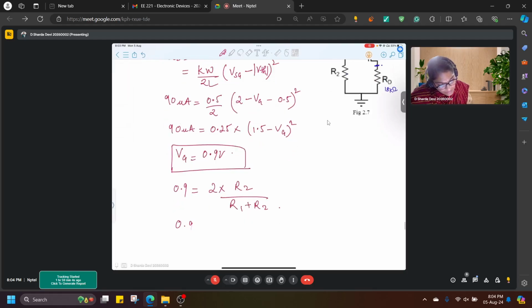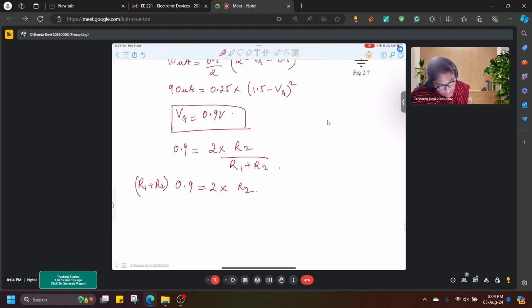So that is 0.9 into 3 into R1 plus R2 equals 3 R2. This is 0.9 times R1 is 1.1 times R2.